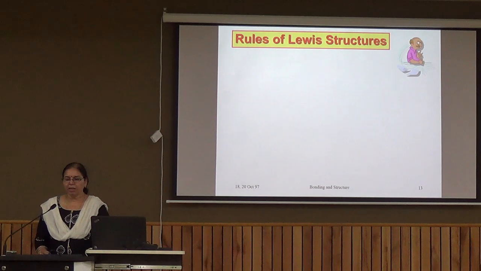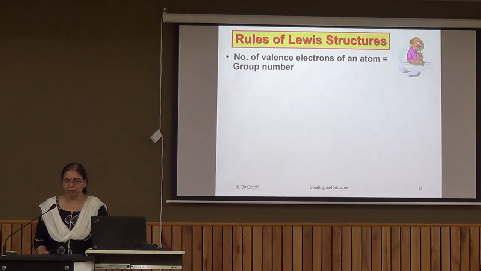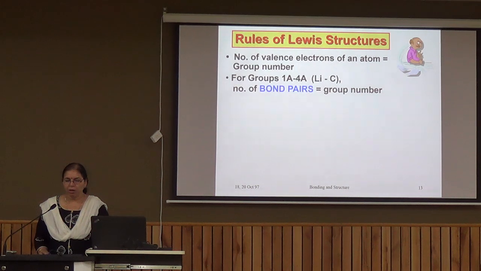Now how to predict or form the Lewis dot structure? Now see, the number of valence electrons of an atom is equal to the group number. For groups 1A to 4A, lithium to carbon, the number of bond pairs equals the group number.